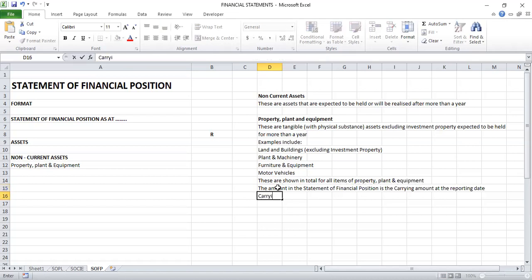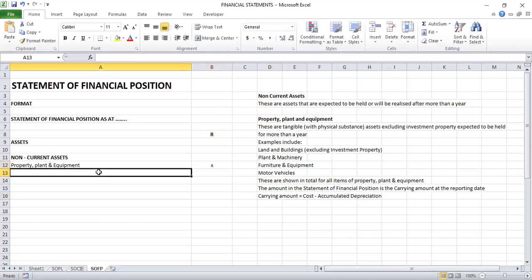Our carrying amount is equal to cost less accumulated depreciation. So we just record one amount, which is the carrying amount, which is cost less accumulated depreciation. We shall also show each other how to determine that carrying amount.